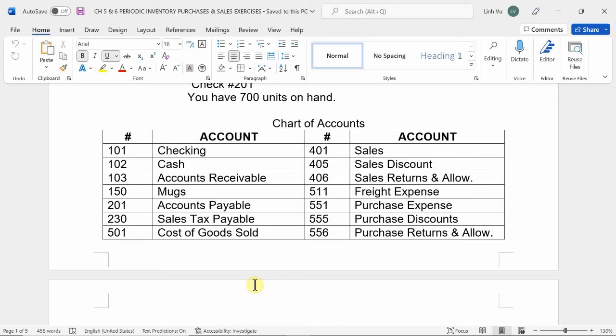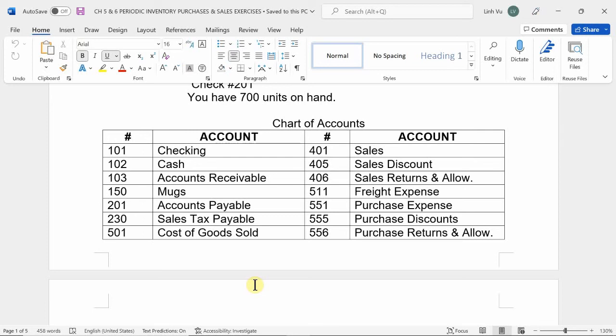So what accounts am I going to be using? Sales, returns, and allowances. Am I the seller or am I the buyer?